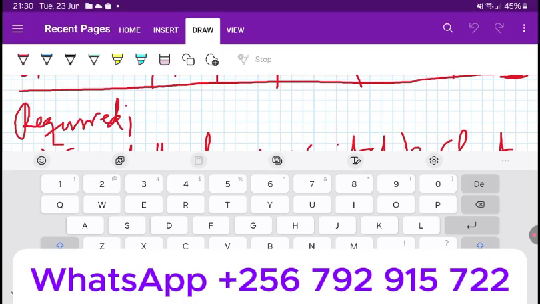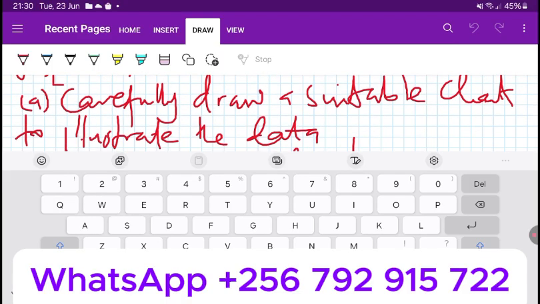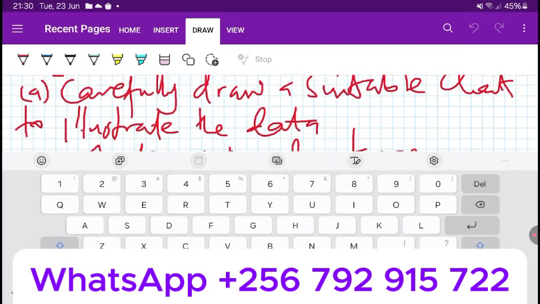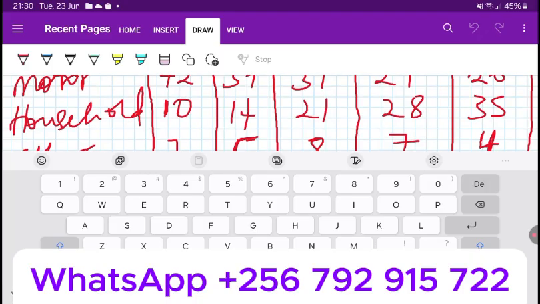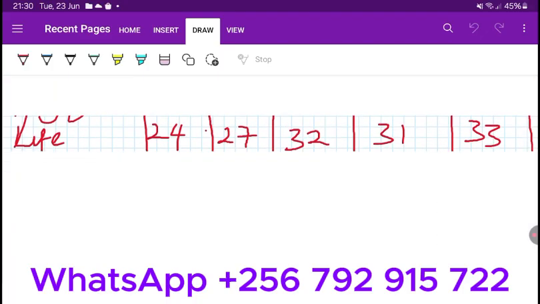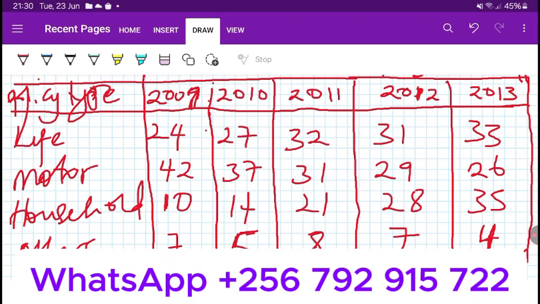So expect these kind of questions where they tell you to pick a suitable chart. Picking a suitable chart calls for a thorough analysis of the information that has been given to you.